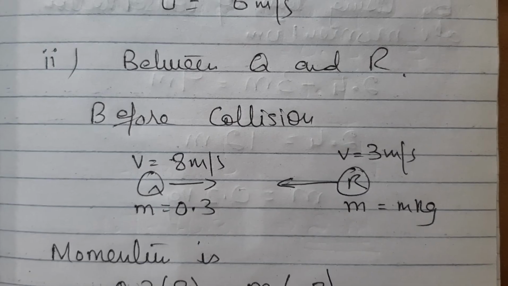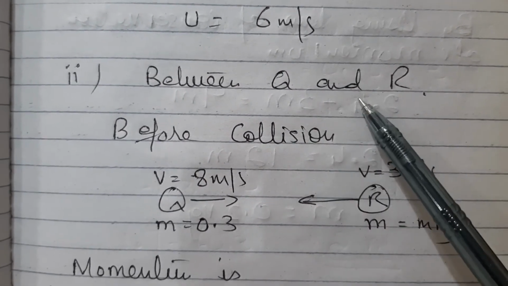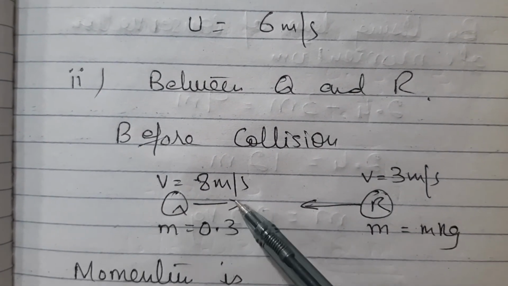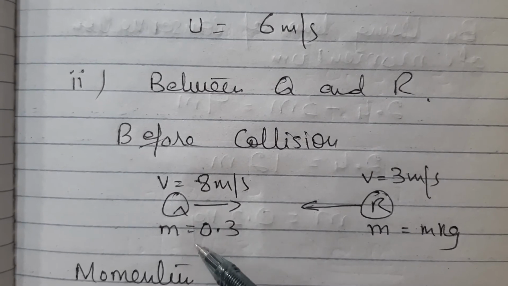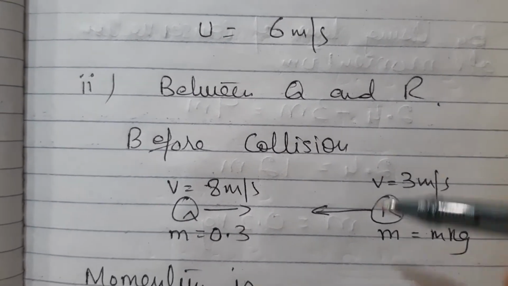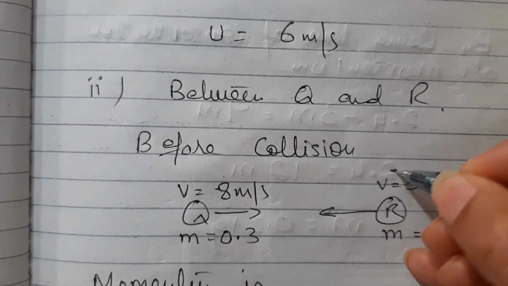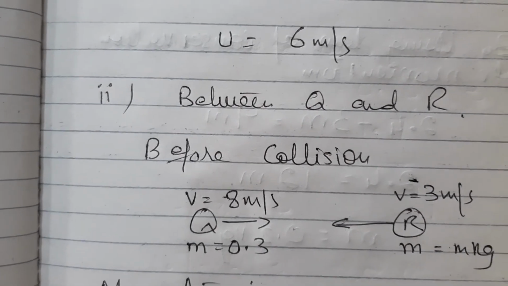So let's see. If we see here before collision between Q and R, this is the direction of Q, this is the velocity and mass, and for R, this is the velocity and mass. So let me write -3 here to avoid any confusion, okay, -3.